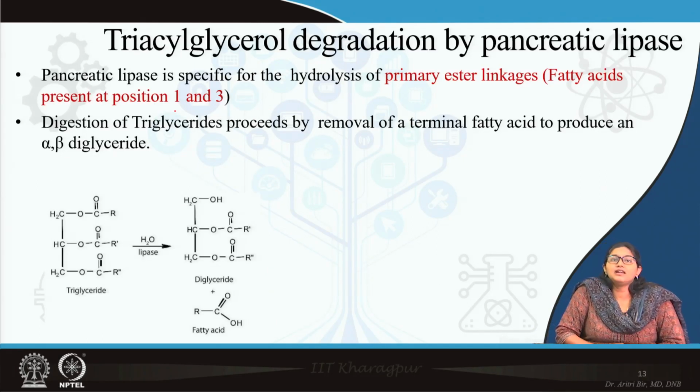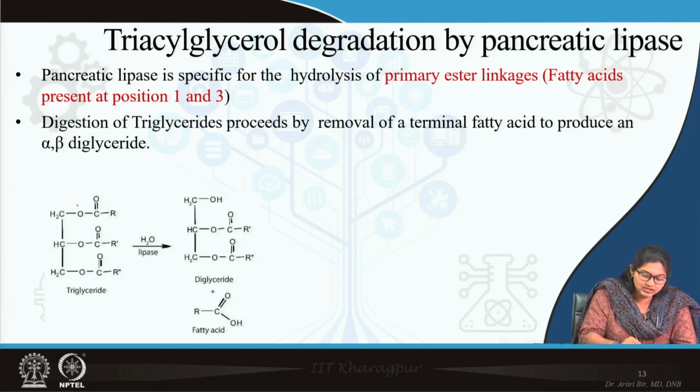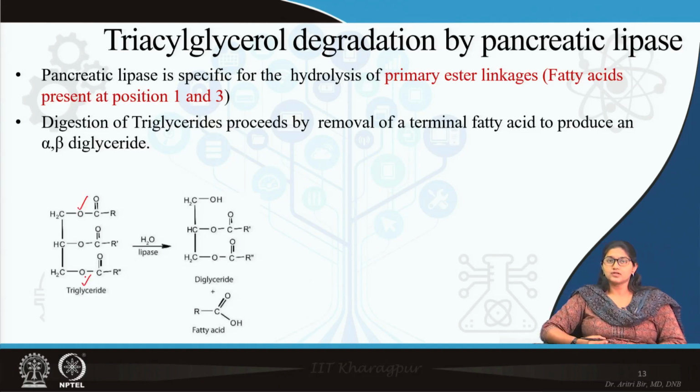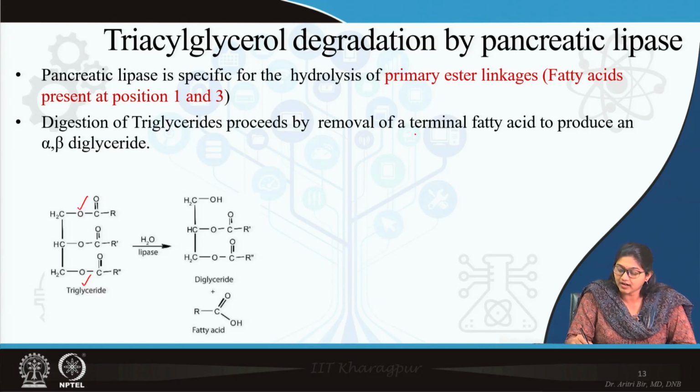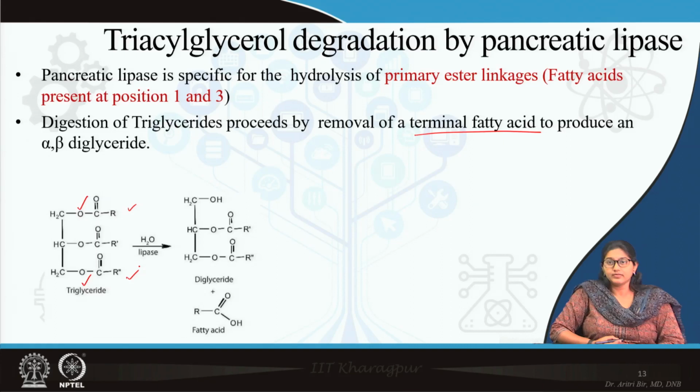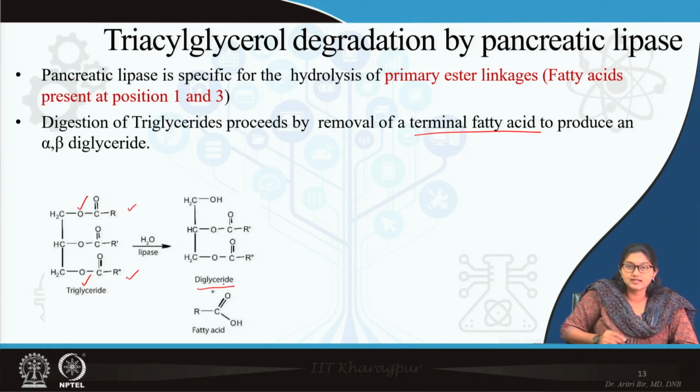Now, triacylglycerol degradation by pancreatic lipase occurs at the primary ester linkages. The primary ester linkages are the SN1 and SN3. So, digestion of triglyceride proceeds by removal of terminal fatty acids, which finally gives rise to alpha, beta diglycerides.